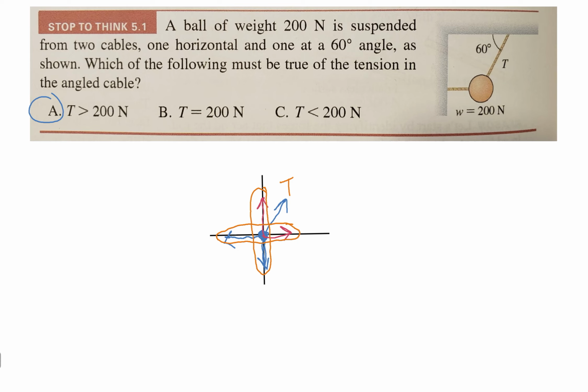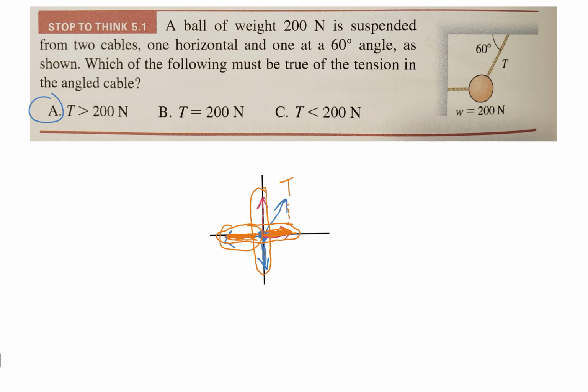The reason for that is we know this arrow is the same length as this arrow, but we know that the hypotenuse of any right triangle is the longest side of the triangle, and this is definitely not the hypotenuse. This one is. So therefore, because this horizontal is the same as this one over here, the hypotenuse, the tension vector here, must be longer than this one over here.